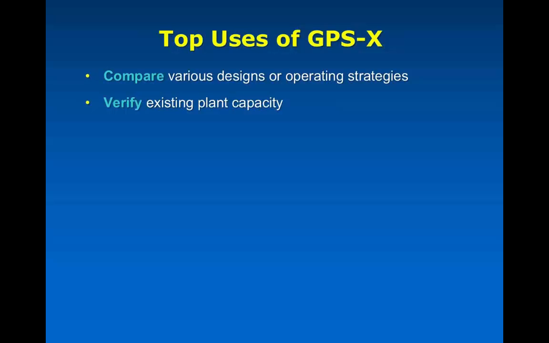You can, as I mentioned before, construct a model, use some of the current historical data to calibrate that model, and then start ramping up the influent loading to that plant and see how far you can increase that loading until the plant fails. That way you can see a rough idea of what capacity is left in that plant.